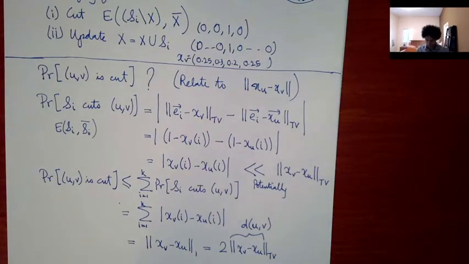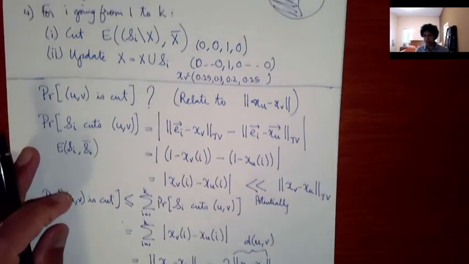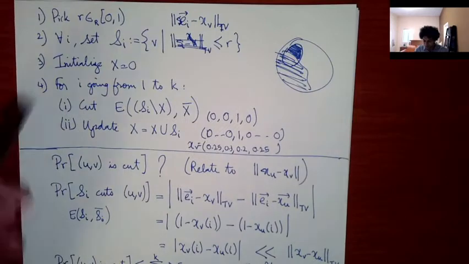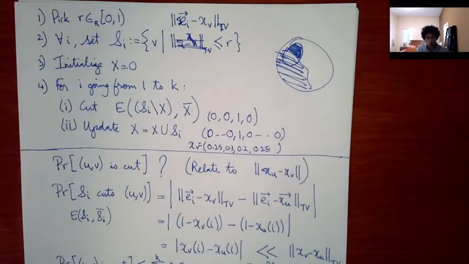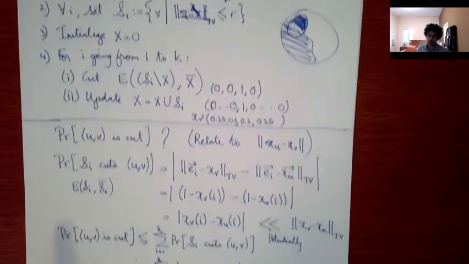So k equals 2 essentially reduces to k equals 1, because technically you don't have to cut all the S_i, you cut everything but one of them. That's why we had k minus 1.